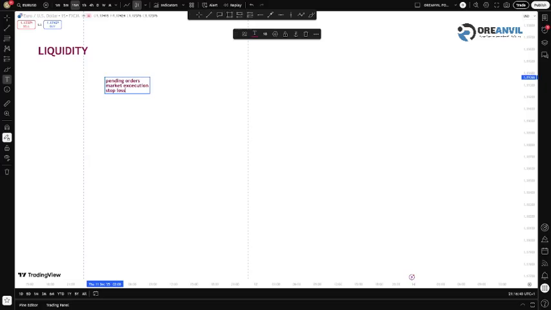Stop loss is not used for providing liquidity in the market; rather, we use it to take out liquidity.